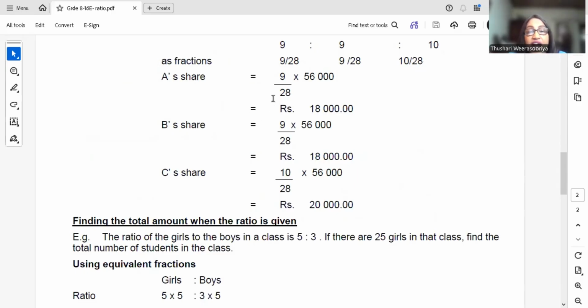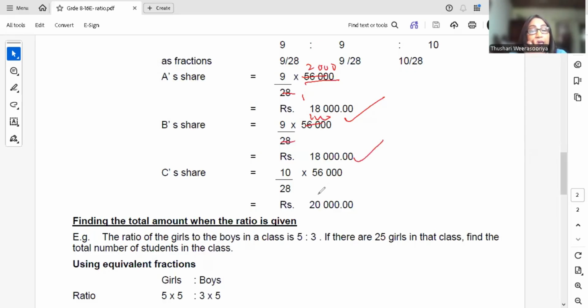What is A's share? For A's share, you multiply A's fraction by the profit. Right? A's share, that is 9 over 28 times 56,000. 28 times 2,000, so 9 into 2,000, that is 18,000. Likewise, B's share, you can find: 9 over 28, 56,000, 28 times 2, multiplied by 9, 18,000.